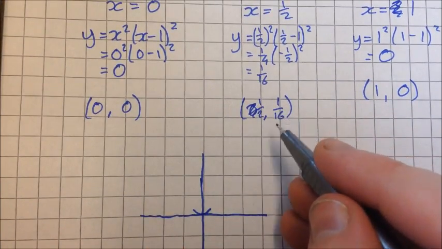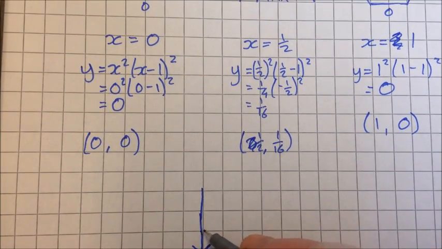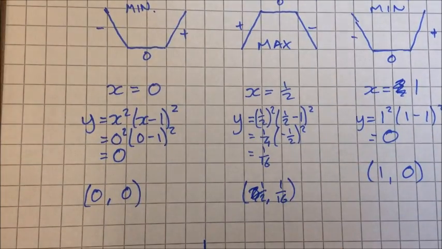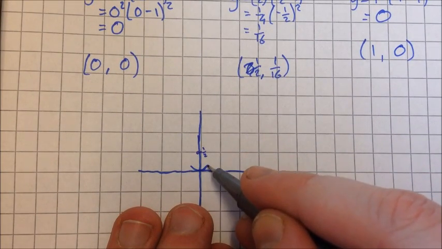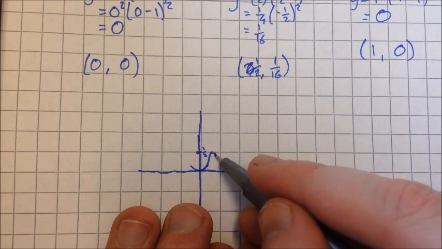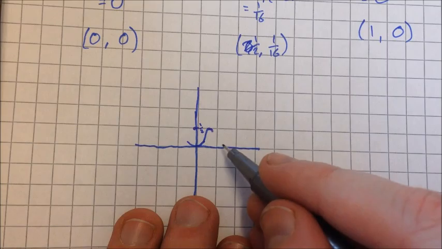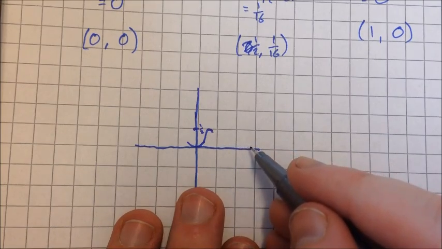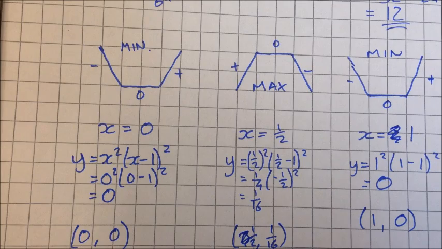At half, 1/16 we are going to have a maximum, so I'll call that point there a half. And it is going to peak like that. And at 1, 0, we are going to have a minimum again.